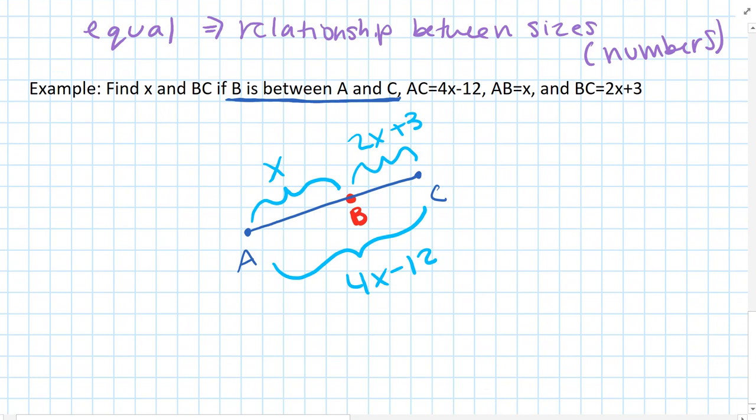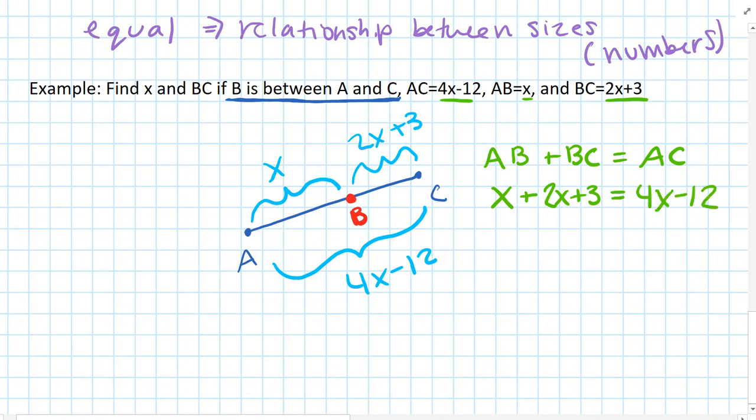And now I can use my definition of betweenness of points, because I know from that definition that AB plus BC is equal to AC. So I'm just going to replace each of these measures with the values we were given in terms of x. So AB is equal to x, BC is equal to 2x plus 3, and AC is equal to 4x minus 12.